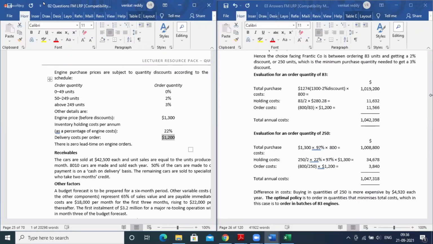If you are confused, I can put it in an Excel sheet also. Your wish. Do you want me to explain in Excel?